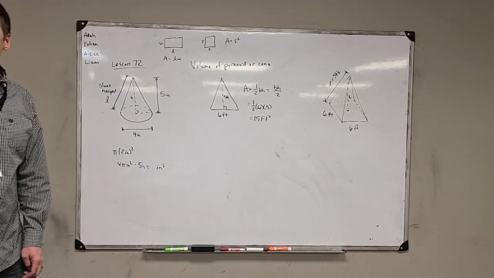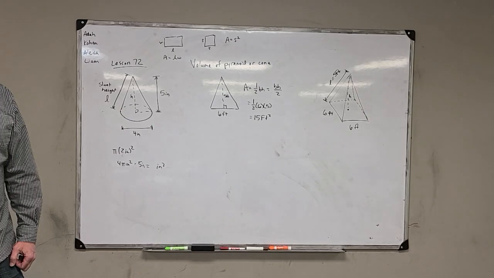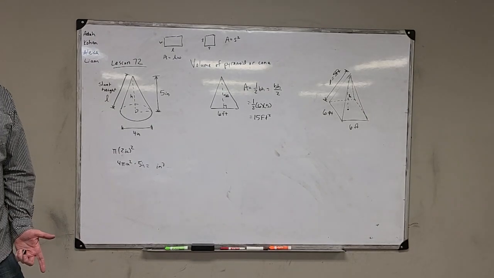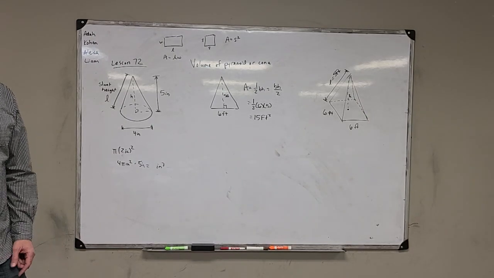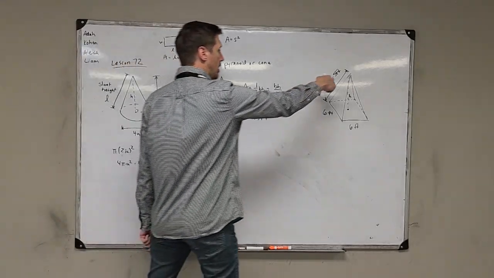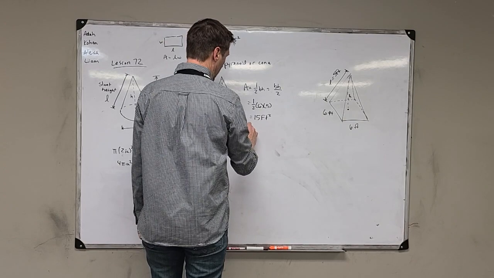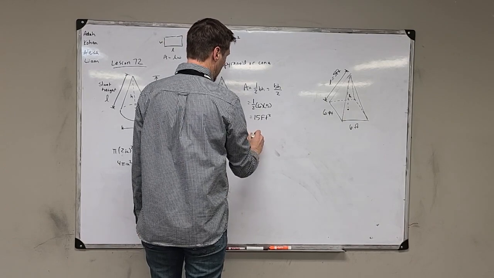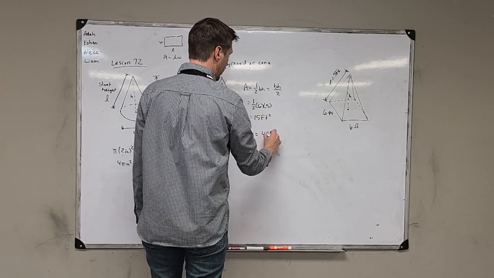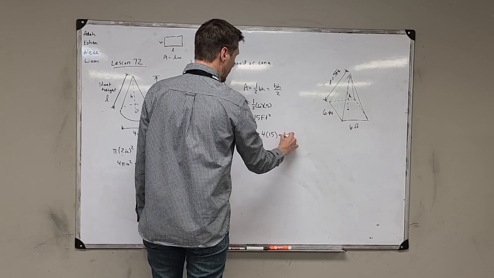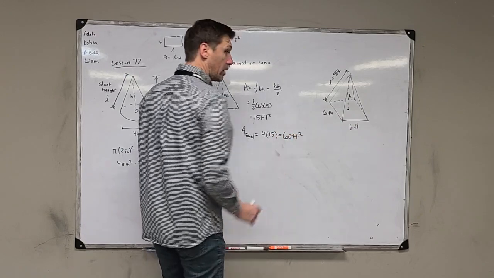How many faces do we have? It's a 4-sided pyramid, so we have 4 faces, right? So the total area of faces is going to be equal to 4 times 15, or 60 feet squared, all right?